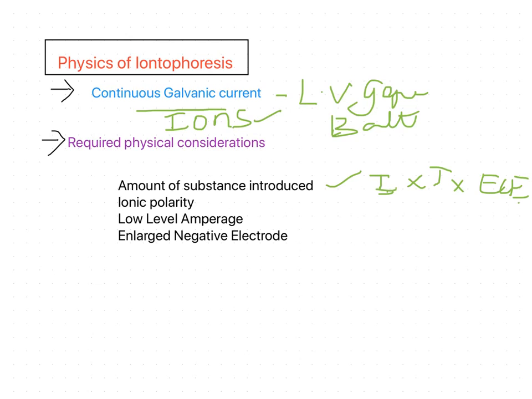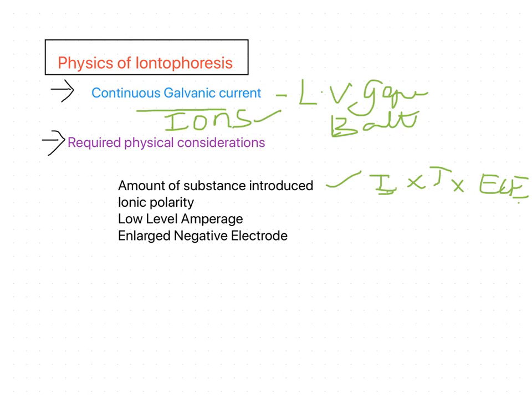The number of ions entering the tissues from any given area of active electrolyte is proportional to both the current density as well as the time of application. In fact, the number of ions introduced has been shown to be proportional to the cube root of the product of current density and time of application.